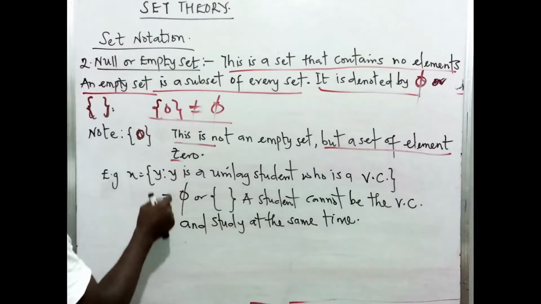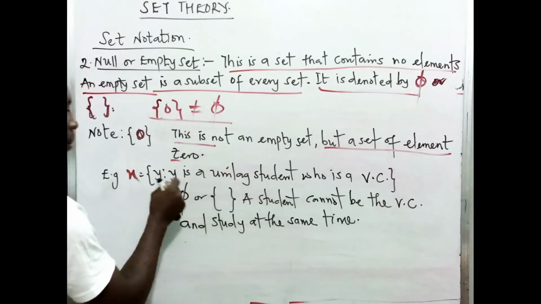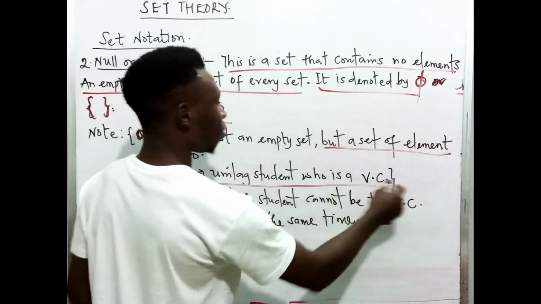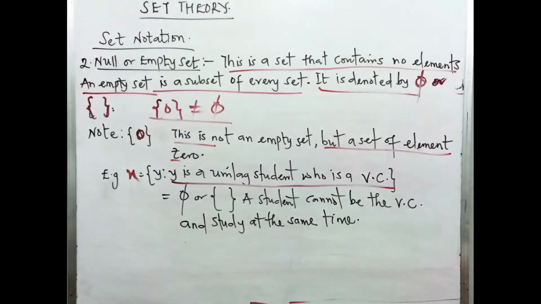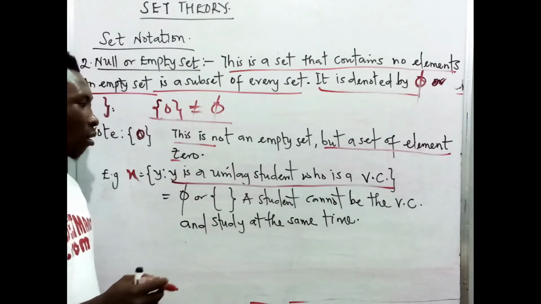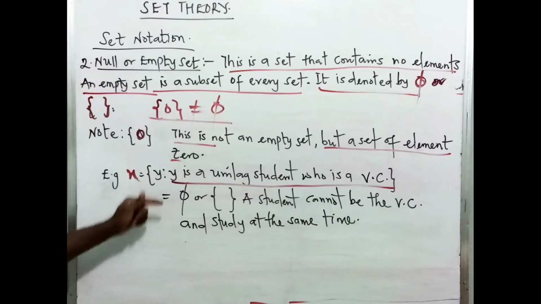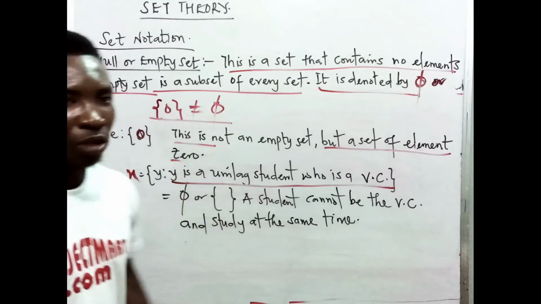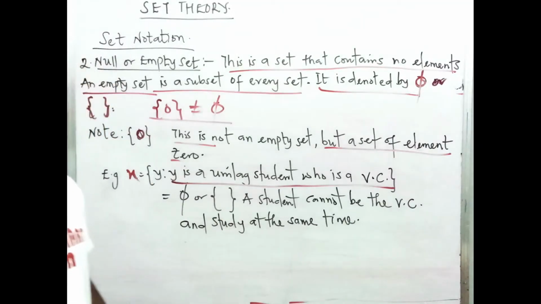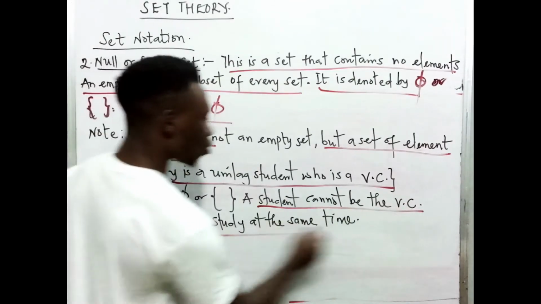Now, for example, x is equal to Unilag student who is a VC. Look at this: a Unilag student cannot be a VC and study at the same time.